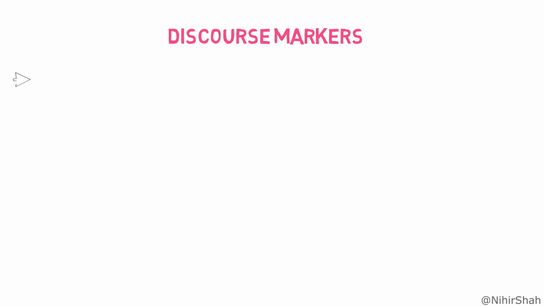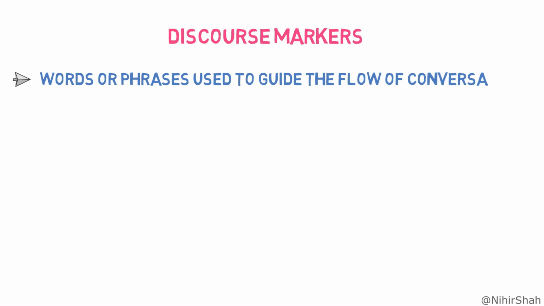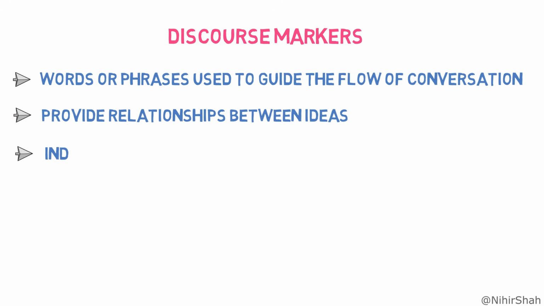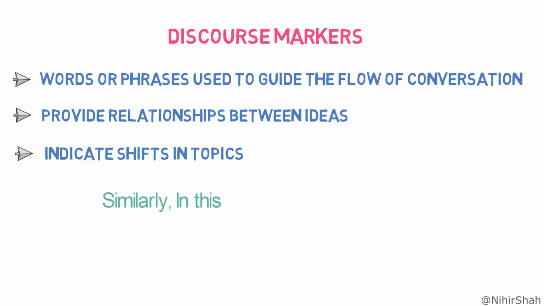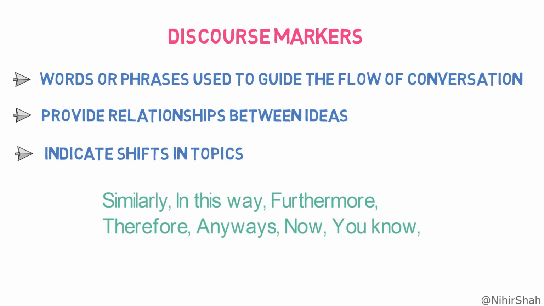Discourse markers are words or phrases used to guide the flow of conversation, provide relationships between ideas, or indicate shifts in topic. For example, similarly, in this way, furthermore, therefore, anyways, you know, firstly, on the other hand, etc.